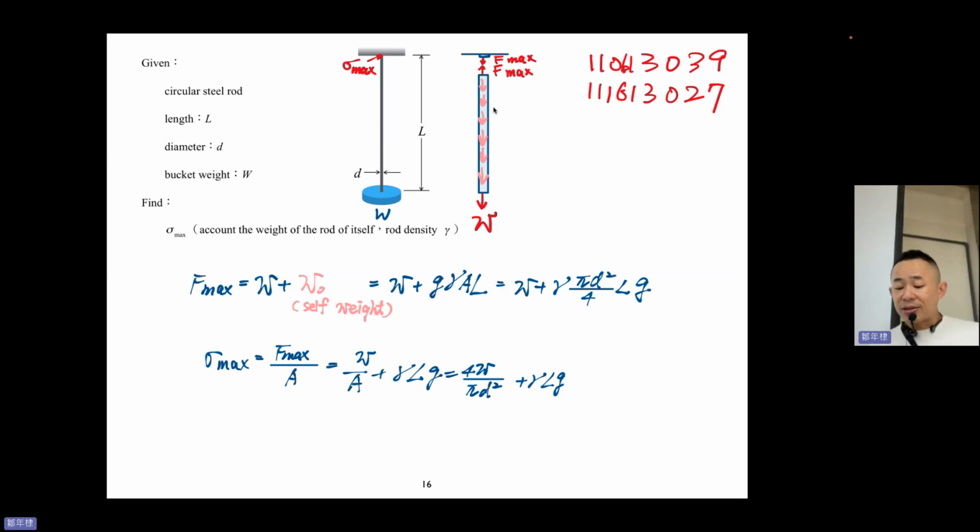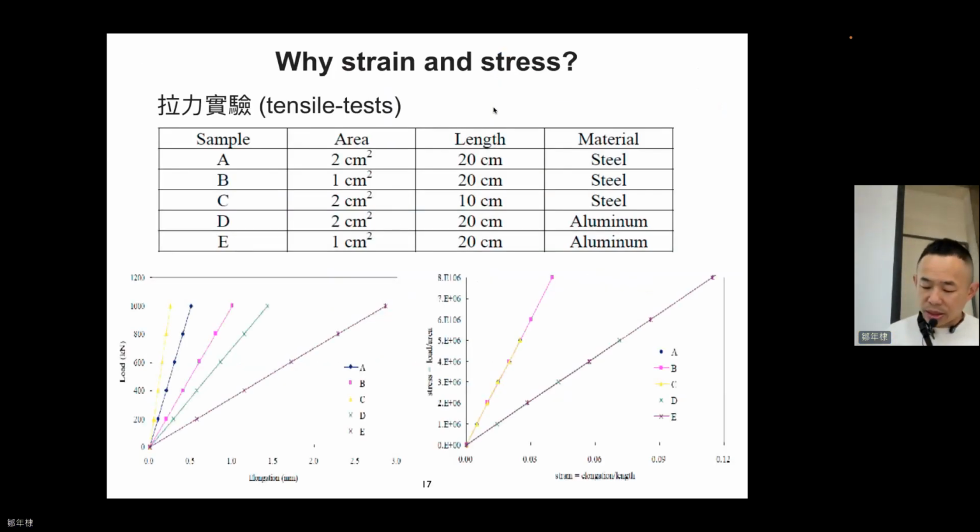If we can calculate this, we can calculate the stress, just divide by its own area. So the stress at that point will be calculated. That's the most important concept in this example.